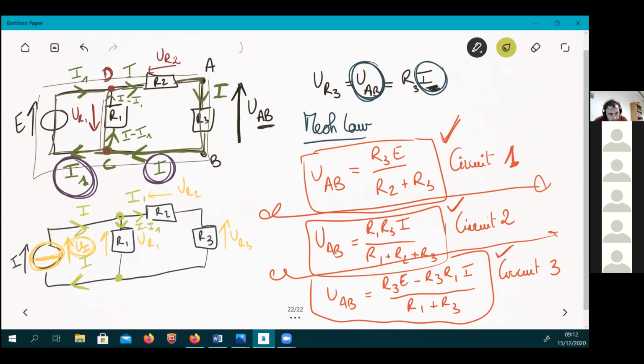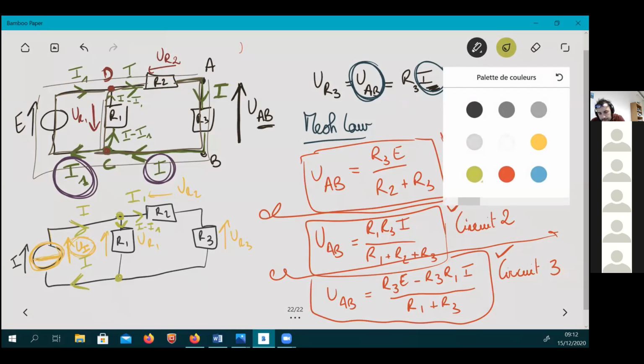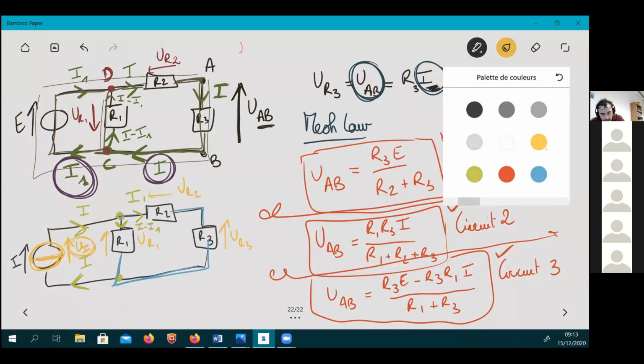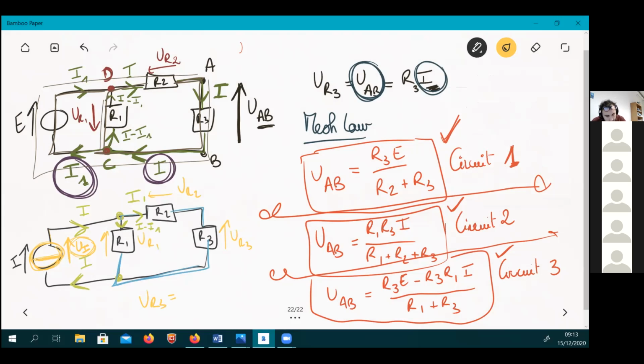So you're only going to play with this mesh here, which is in fact enough, because what you are looking for at the very end is UR3, because this is UAB. And for UR3, you need only I1, because this is R3 times I1, and I1 is an unknown.